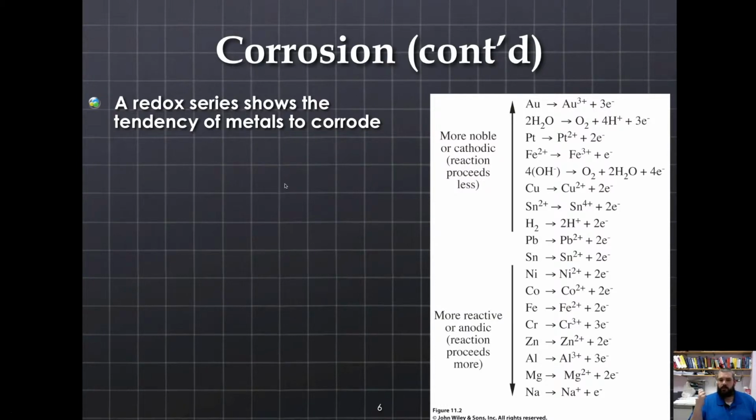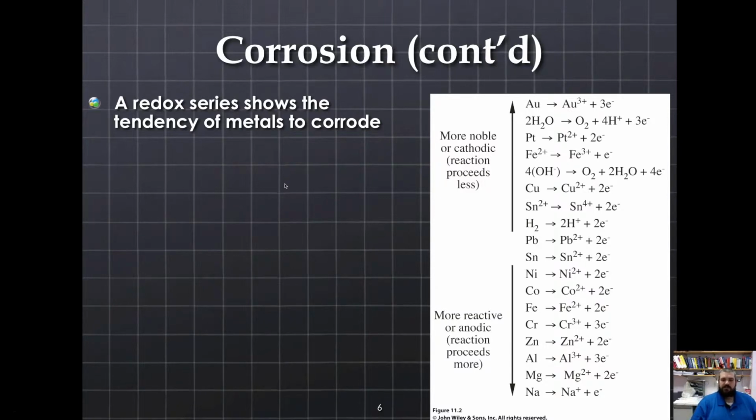Things like gold and platinum, you think of really valuable metals, those are all sort of at the upper end of the redox series. And then towards the bottom, those are the metals that are very reactive, things like sodium, magnesium, aluminum. And the lower you are, the faster and the more the reaction is going to proceed.